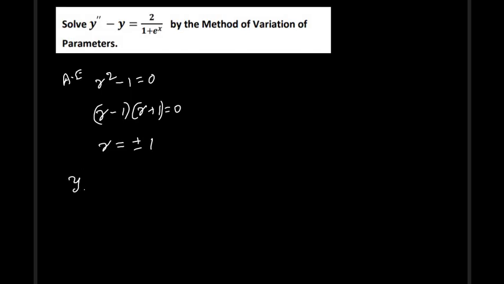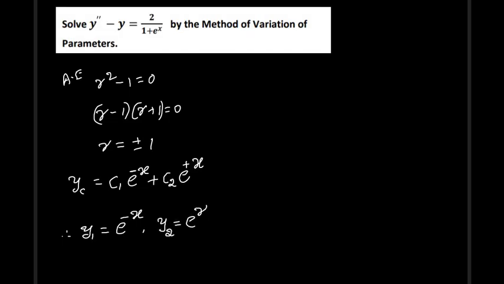What would be the complementary function? C1 into e power x plus C2 into e power minus x. Maybe let me write minus first, plus next. So what is y1 now? Y1 is going to be e power negative x, and y2 would be e power x.